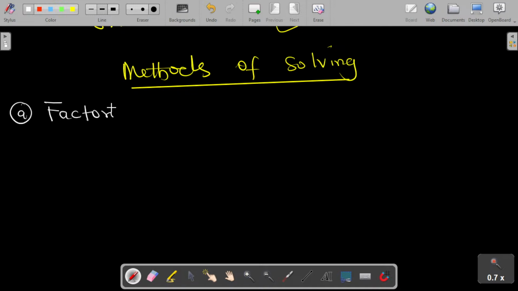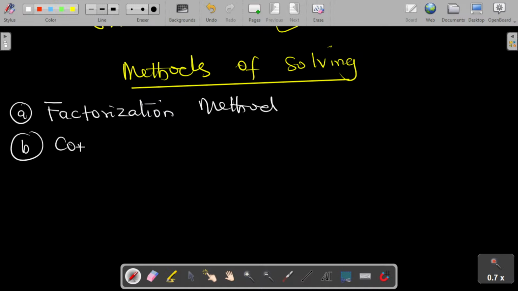Okay, factorization method, that's the first method. After factorization method, we have our completing square method. Ordinarily, let me say this here, all these methods are not necessary.